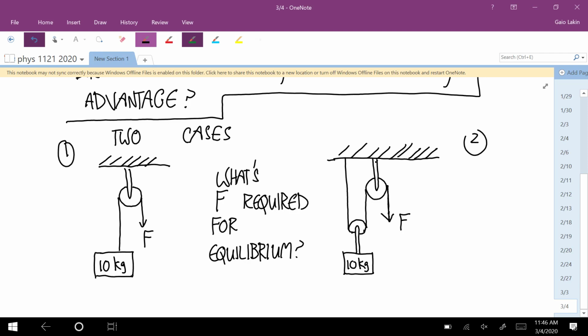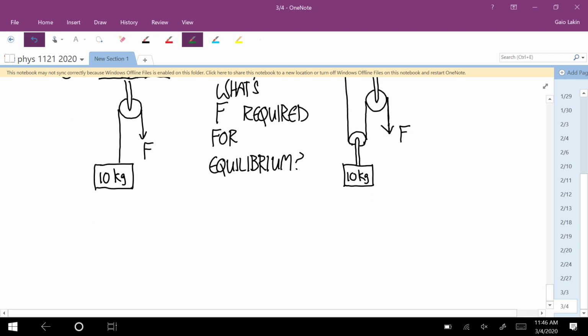It would just be equal to the weight of this, so 10 times 9.81. So this force would be 98.1 newtons. So in case 1, F is going to be equal to 98.1. Okay. But let's do the second one.